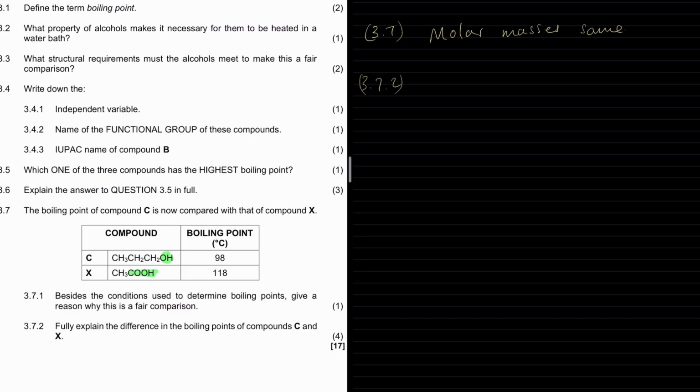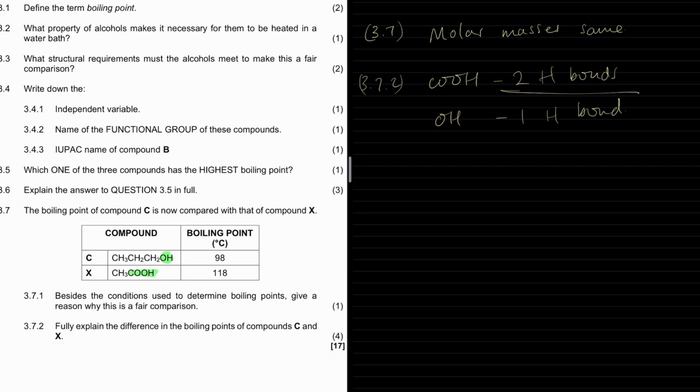3.7.2, fully explain the difference in the boiling points of compounds C and X. So X has a higher boiling point, and they want us to explain why. So remember, a carboxylic acid will have hydrogen bonds, but it will have 2 hydrogen bonds compared to the alcohol, which has 1 hydrogen bond.